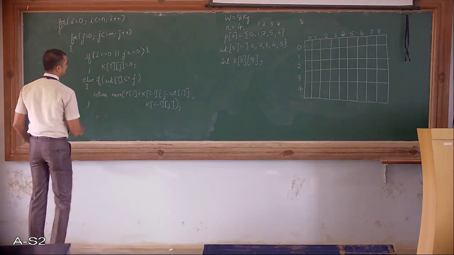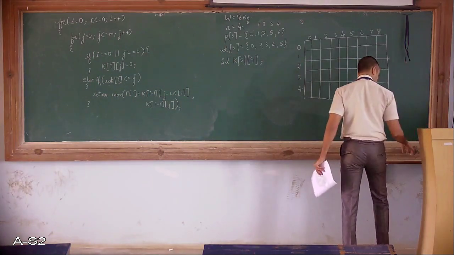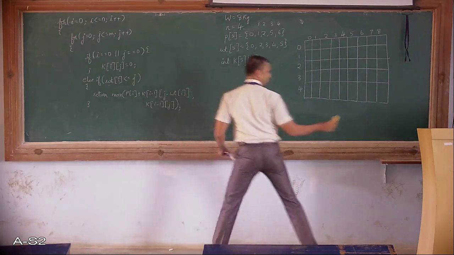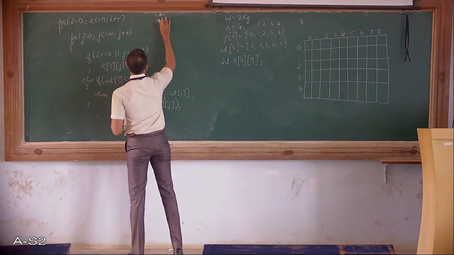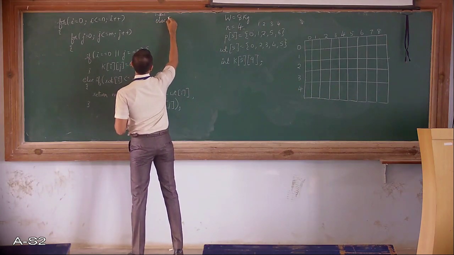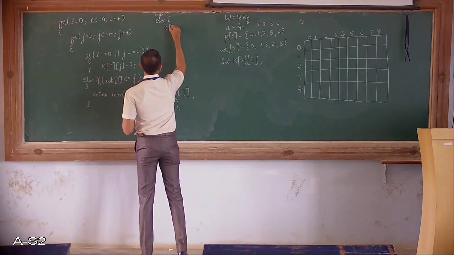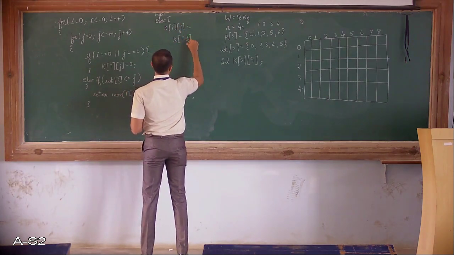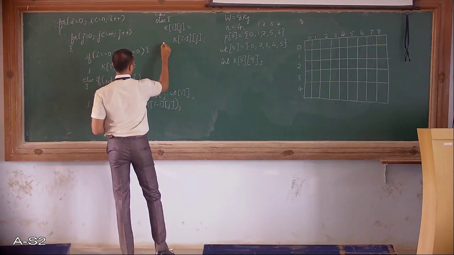The third case, the else part: K of i, j is equal to K of i minus 1, j. Let's see what this means and how this works.